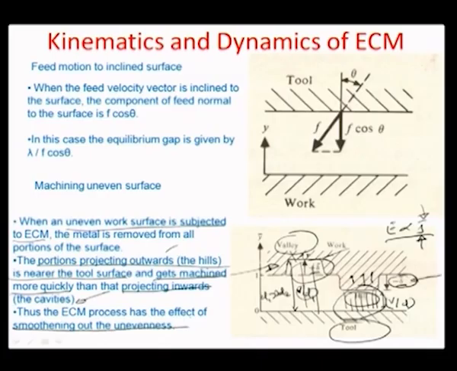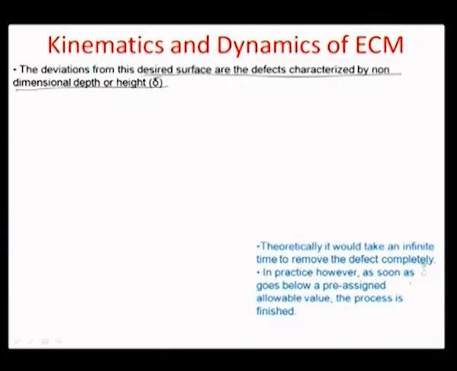So if delta dash is considered as the desired deviation, in terms of defect, from a mean value of the surface, we can have an equation of delta dash in terms of T dash. Okay. T dash, as you know from earlier, is the ratio parameter between the time at a certain point y and the time taken by the equilibrium gap to be moved. So T divided by ye by f is what T dash was before. Okay.